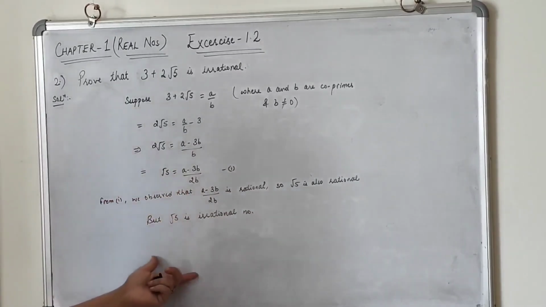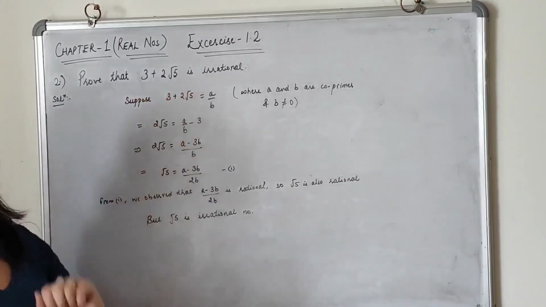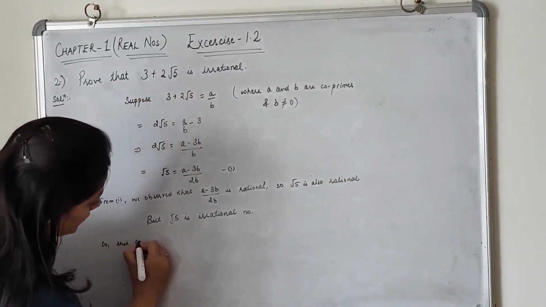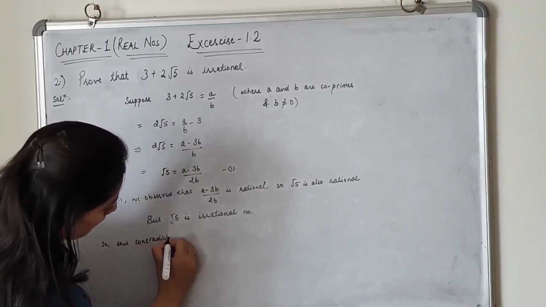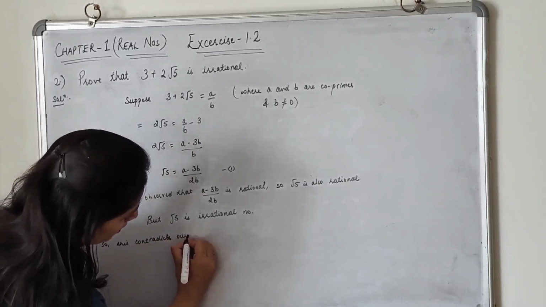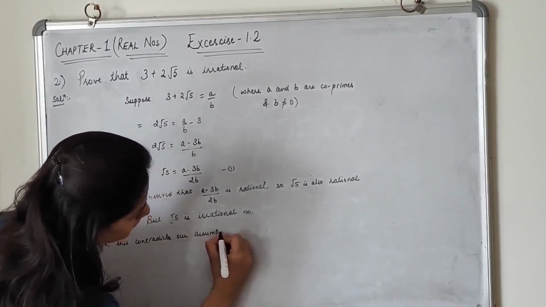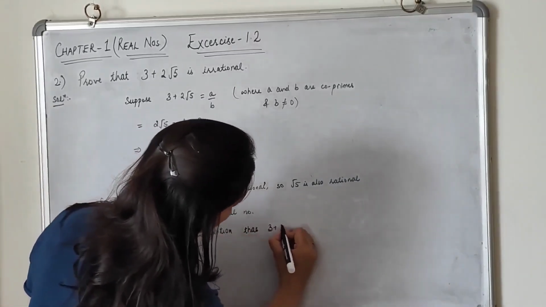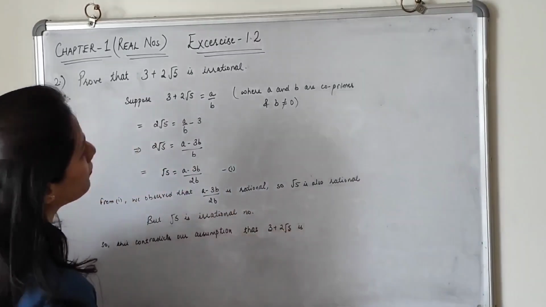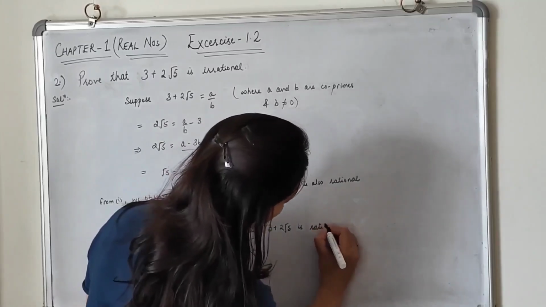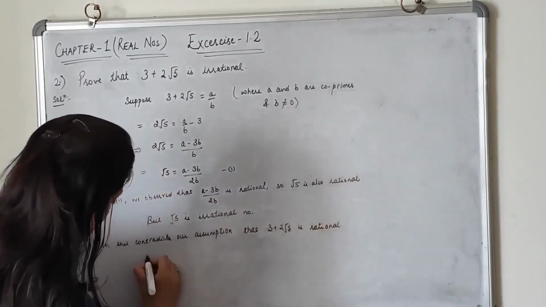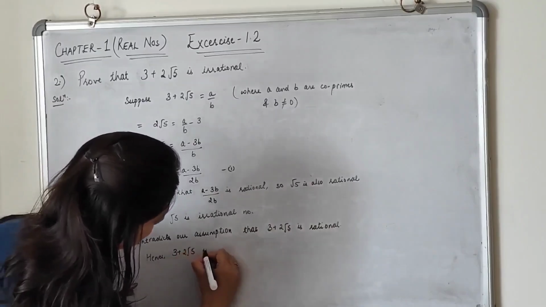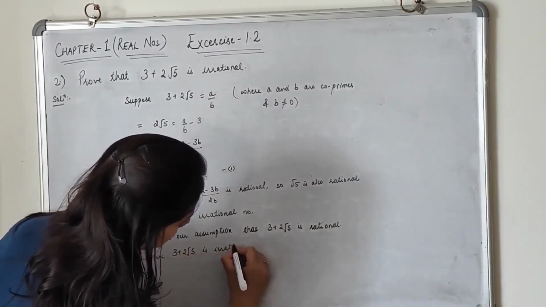So this contradicts our assumption that 3 plus 2 root 5 is a rational number. Hence, 3 plus 2 root 5 is irrational.